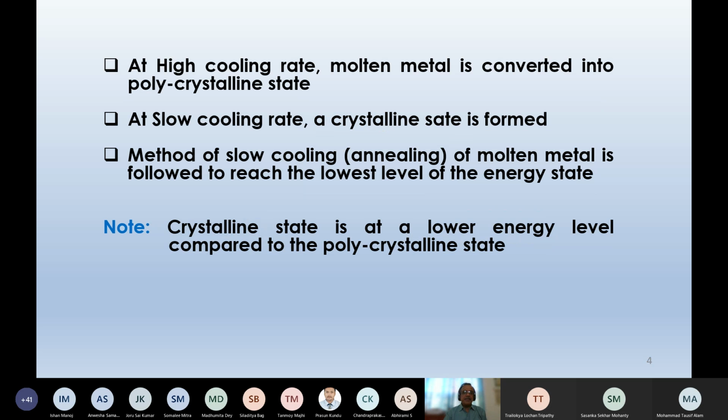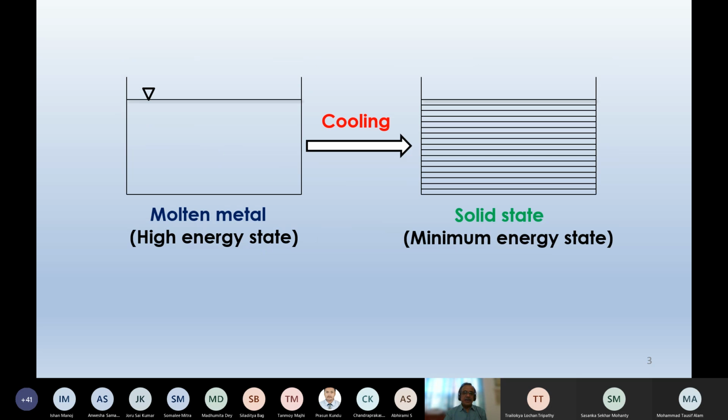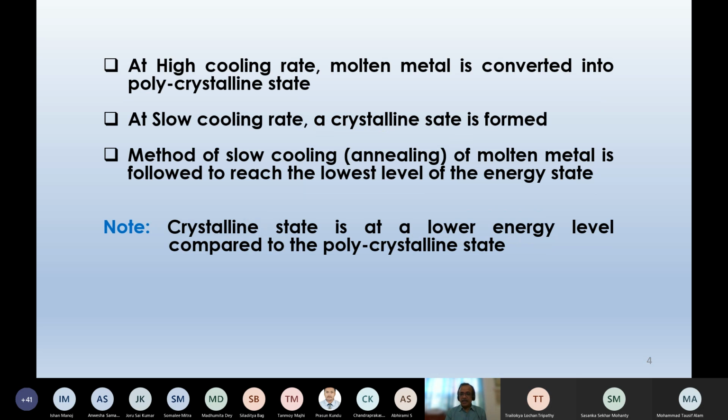Supposing that we have the molten metal, say molten steel, and I want to solidify it to get the solid state. Now, if I allow the high cooling rate, what will happen? The molten metal will be converted into its polycrystalline state.